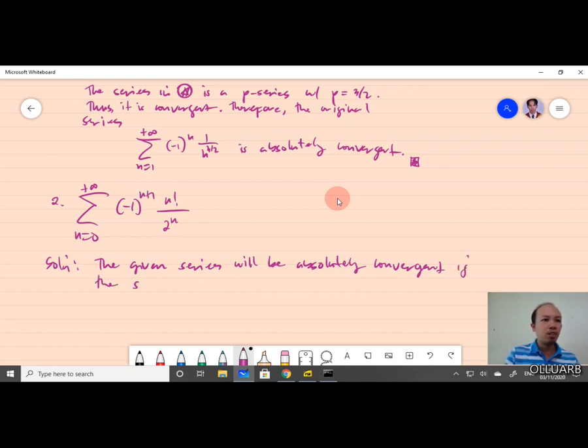if the series, summation of the absolute value of negative 1 to the n plus 1 times n factorial over 2 to the n, where n starts from 0 to positive infinity, is convergent.